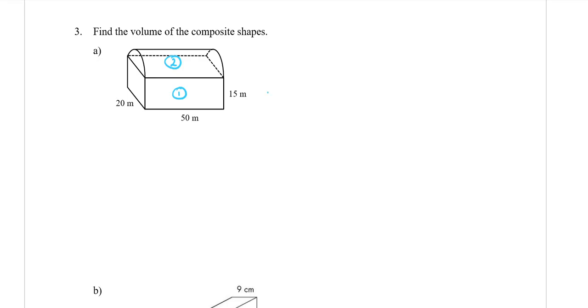Now, if we want to make a formula for this, V for volume equals, for the rectangular prism, it's LBH. That was shape number 1. Then I want to add to that the formula for half of a cylinder. A cylinder is pi r squared h, but because I only have half of it, I'm going to put a half in front of that formula, and that is shape number 2.